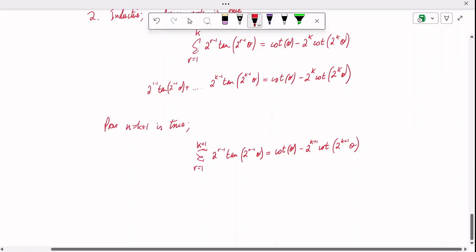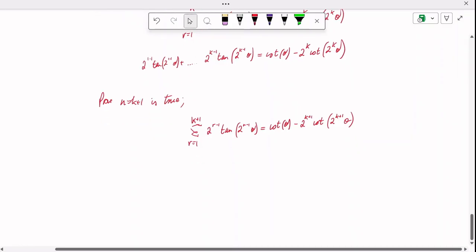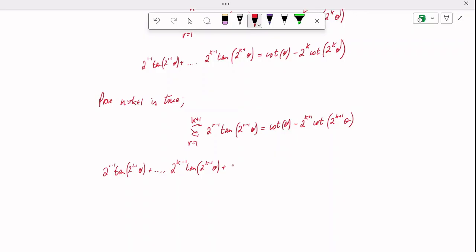As always, this is going to hinge on substituting our second step in, because if I think about my left hand side here, I'm going to start with my first term, work all the way up to my kth term, and now I'm going to have my k plus 1 term.